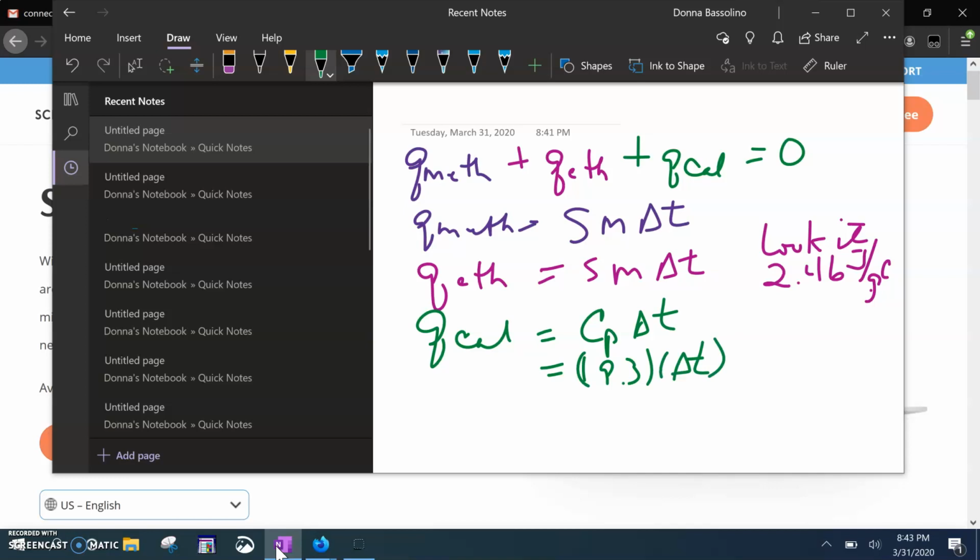One of these terms is going to be negative because it's starting out hot and cooling down, so the delta T is going to be negative because T final is less than T initial, and that's how you know which one to bring over to the other side. So you just plug everything in and solve for S.